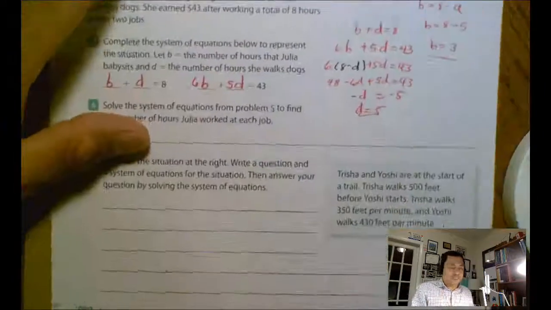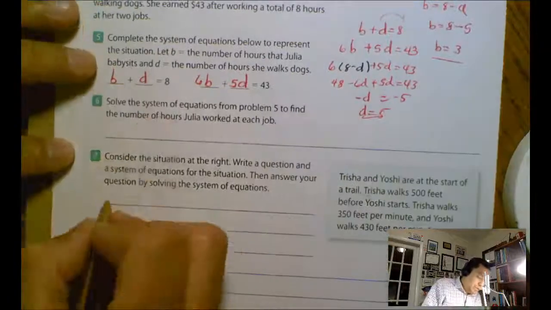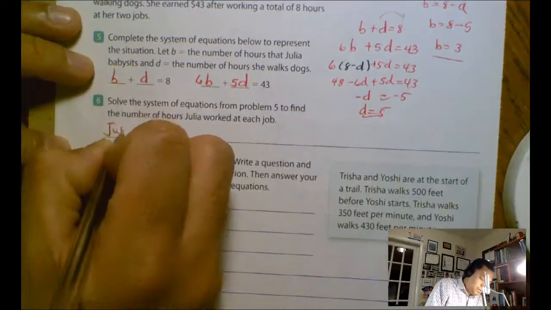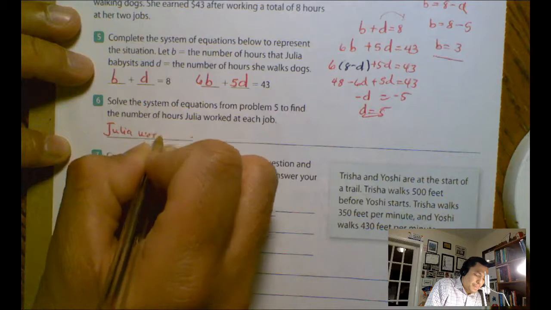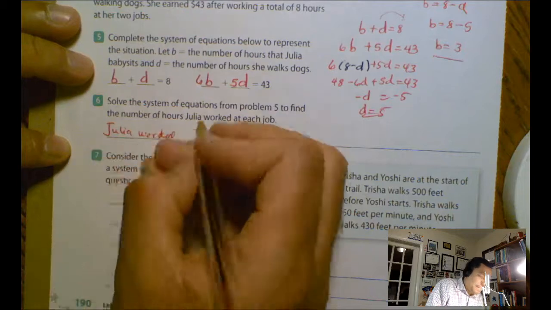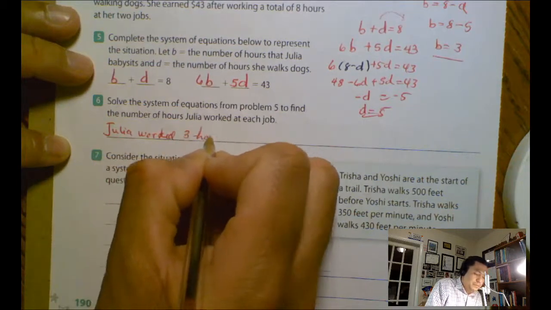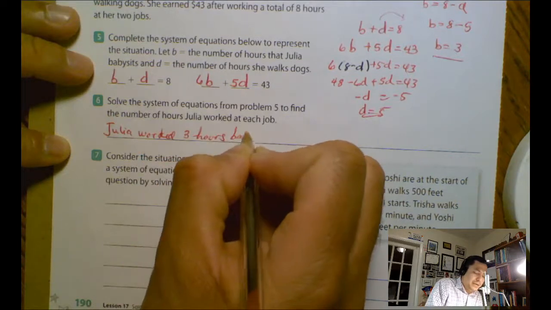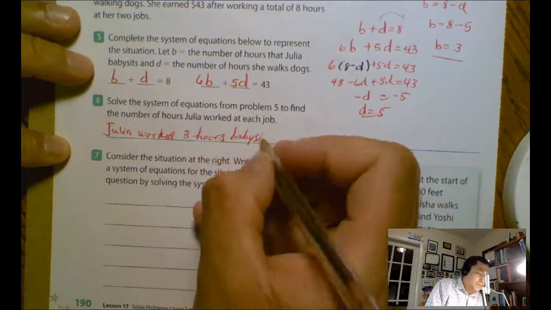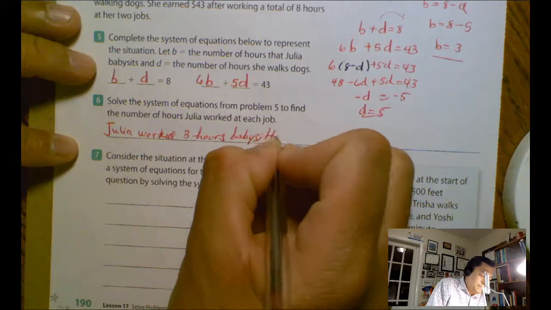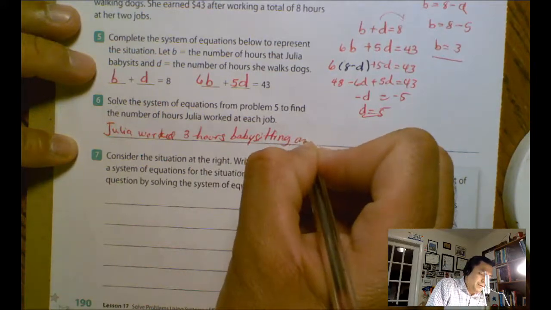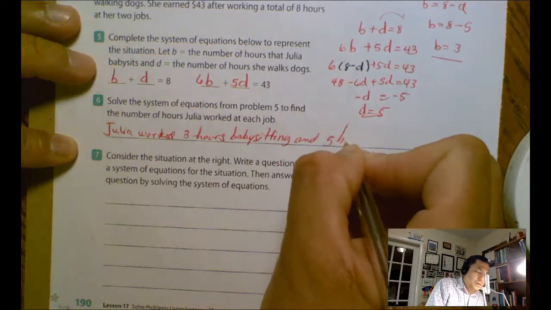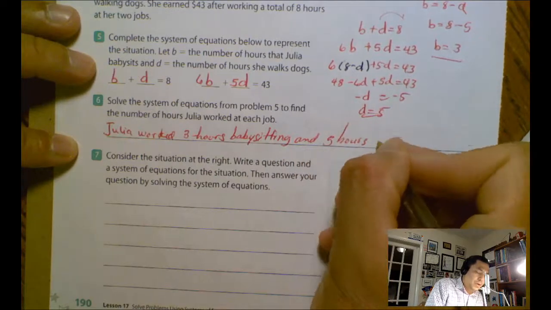Now the solution is Julia worked 3 hours babysitting and 5 hours walking dogs.